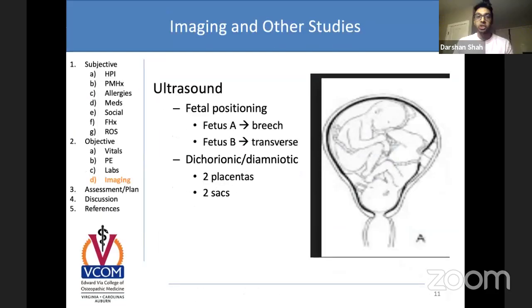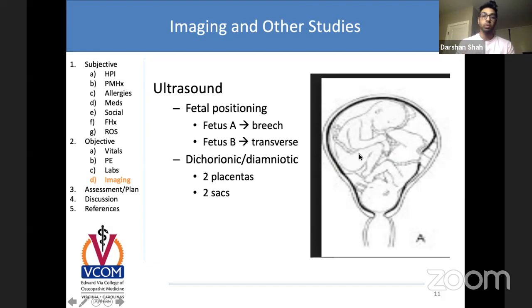Okay, radiology, this is very important. For OB-GYN, we want to do an ultrasound and see, hey, she has twins. What position could they be in? In the ultrasound, we found this exactly. If you look at this picture, you have baby A and fetus B. What is abnormal here is that fetus A is in breech position.